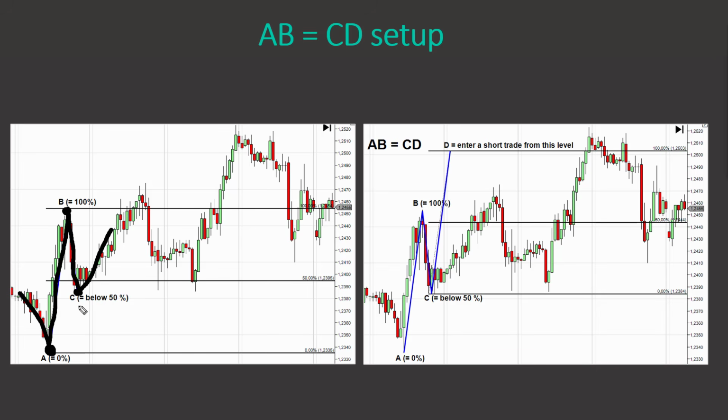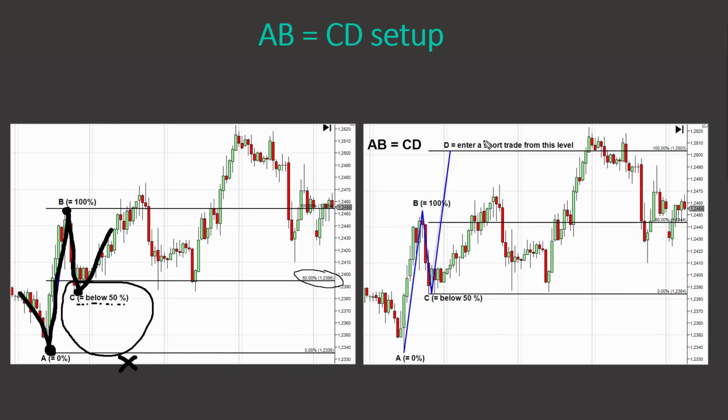Now, the point C, there's another rule to trading this. The point C needs to be below 50% of the distance from A to B, right? So that's why my Fibo has that 50% mark in here. So basically the C needs to be somewhere in this area, below that 50% mark. And it can't be below the swing point A, right? It can't be here, so it needs to be somewhere in here.